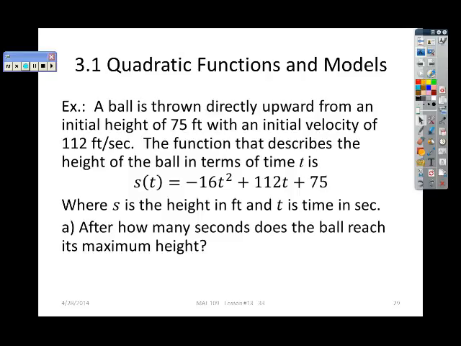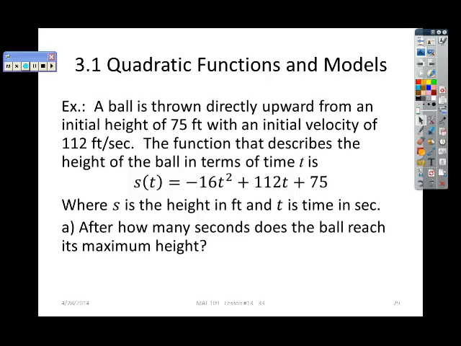How do I know it has a maximum? What does that number right there tell you? It's negative, which means what about the parabola? Opens down. Well, if it opens down, it means it has a maximum, doesn't it? Maximum always occurs at the vertex. So if we locate the vertex of this function, that will give us the maximum height, because the horizontal variable is time, the vertical variable is height.